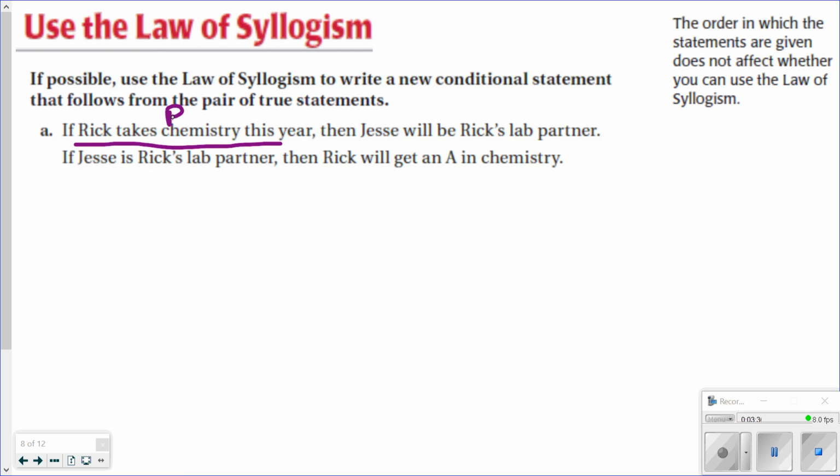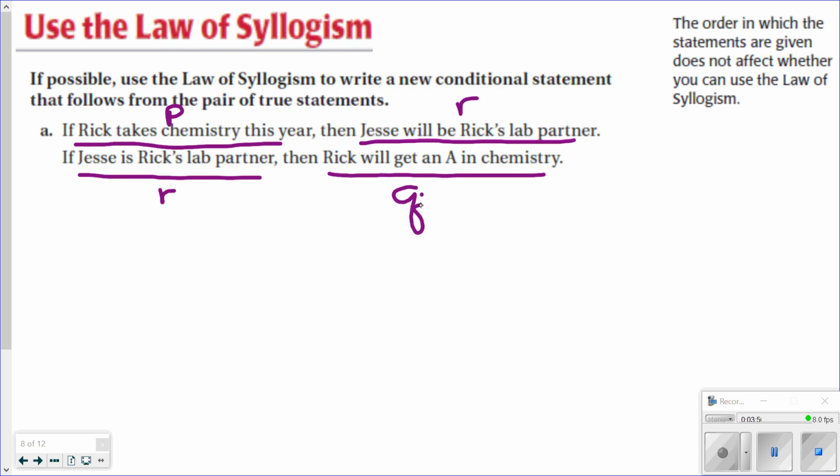Then Jesse will be Rick's lab partner. I'm going to underline that. That is going to be my R statement. If Jesse is Rick's lab partner, well, that's the same as the last part of the first sentence, and we already named that R. Then Rick will get an A in chemistry. We haven't used that sentence yet, so I'm going to use Q.